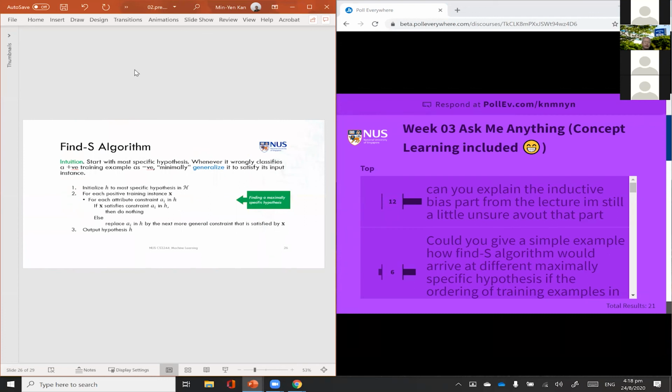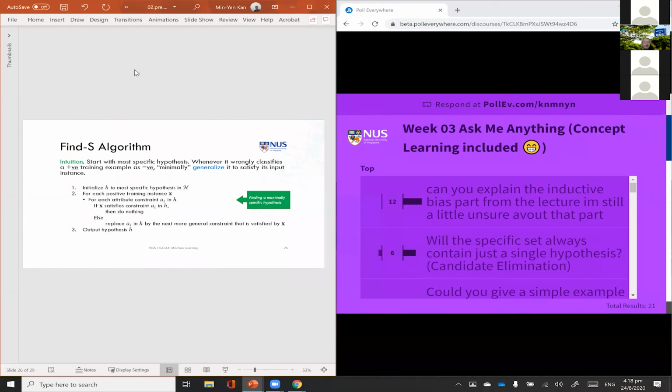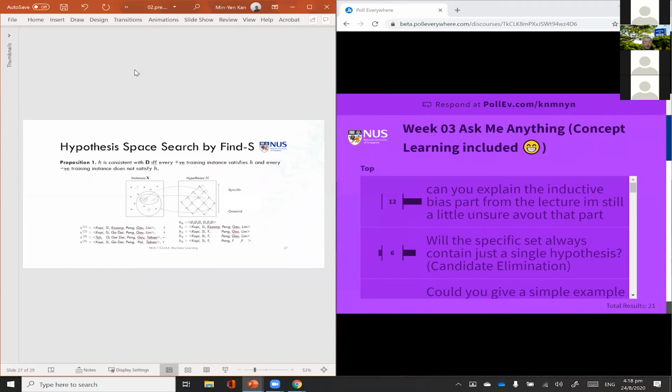So FindS basically finds one of the most specific hypotheses, there could be several of them, to find something that satisfies the entire data set, okay? So we're saying we're finding a maximally specific hypothesis by going through all of this, okay? And what we do to search is just go through this algorithm, right?